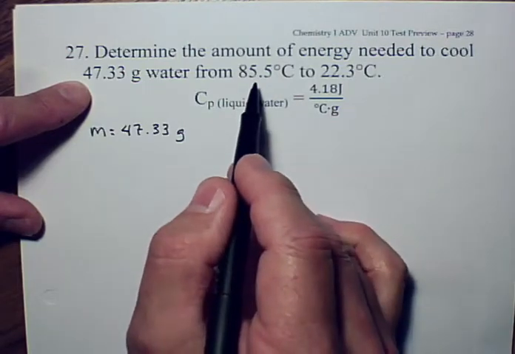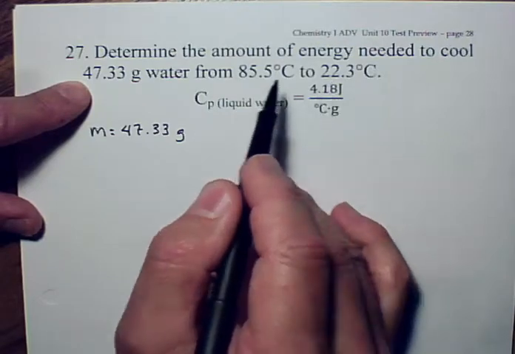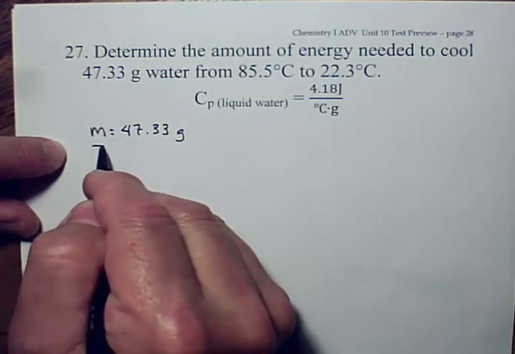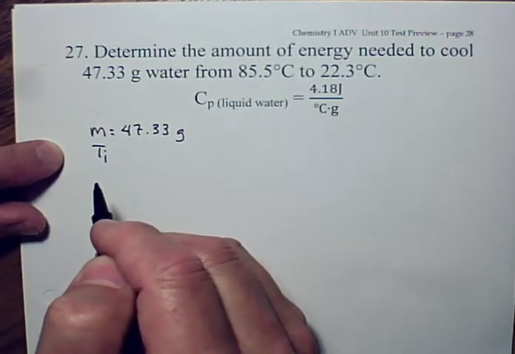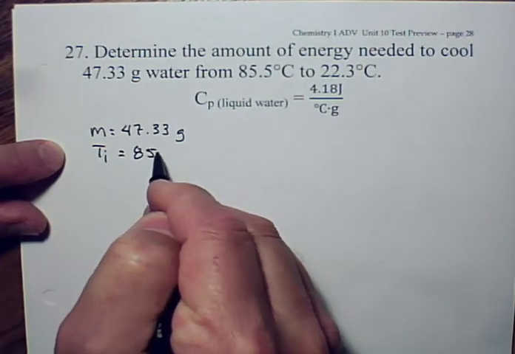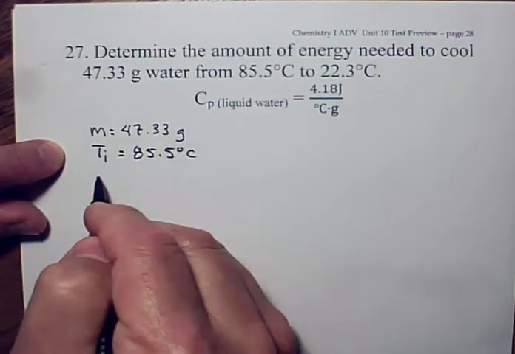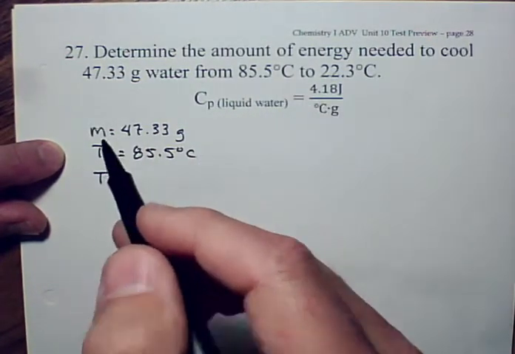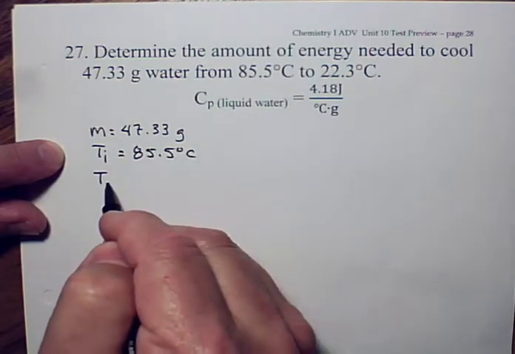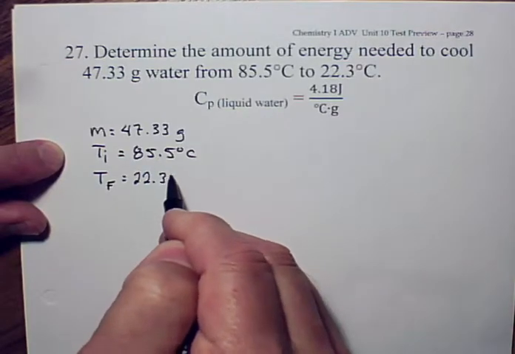We do have a beginning temperature and an ending temperature. The beginning temperature we call initial temperature, or T sub i, and that's 85.5 degrees C. The temperature that we end up at is the final temperature, and that's 22.3 degrees C.